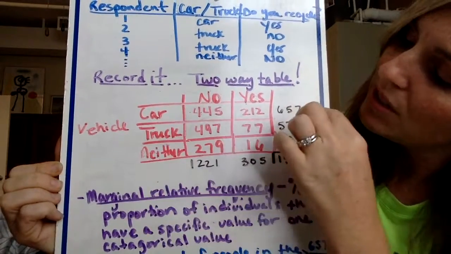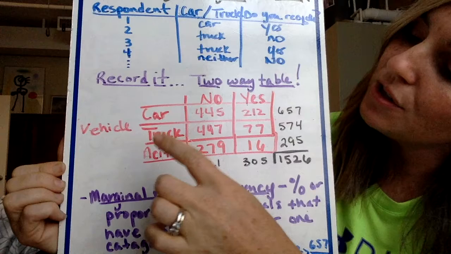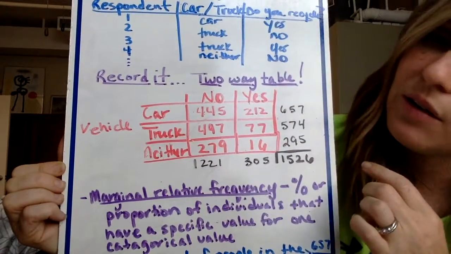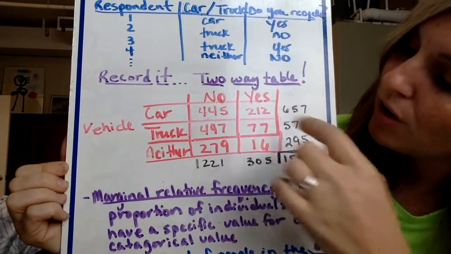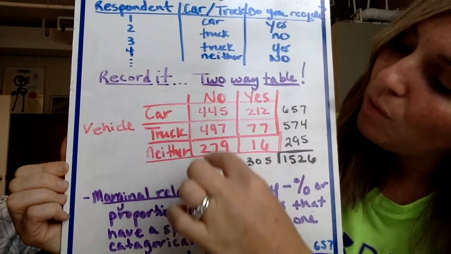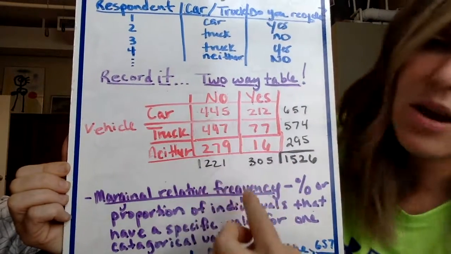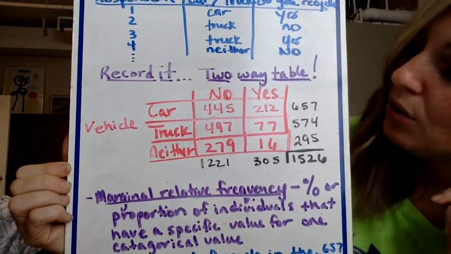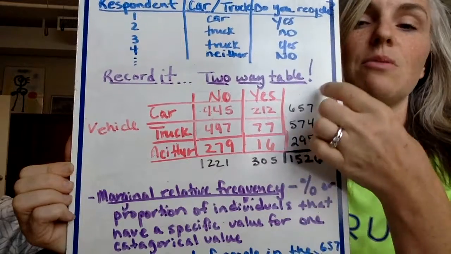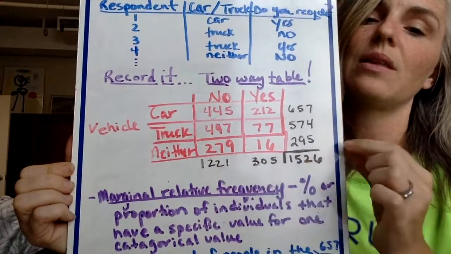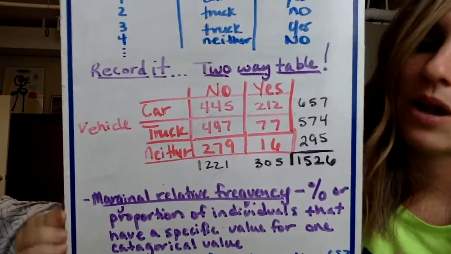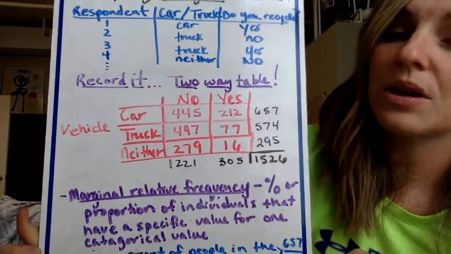So there were 657 car drivers, 574 truck drivers, 294 neither truck nor car, 1,221 people said nope, I don't recycle, and 305 people said yep, I recycle. And no matter whether we go this way or this way, that should give us 1,526 respondents.